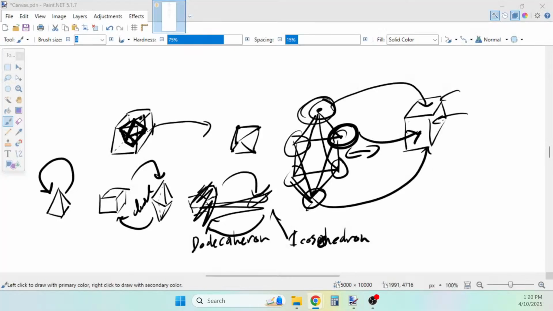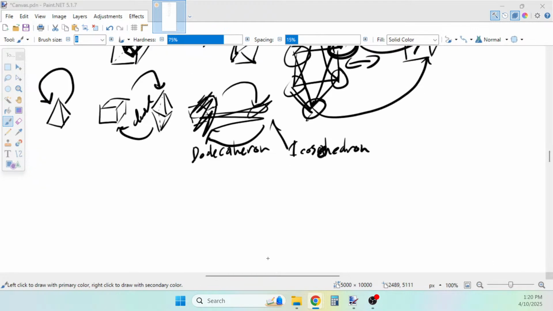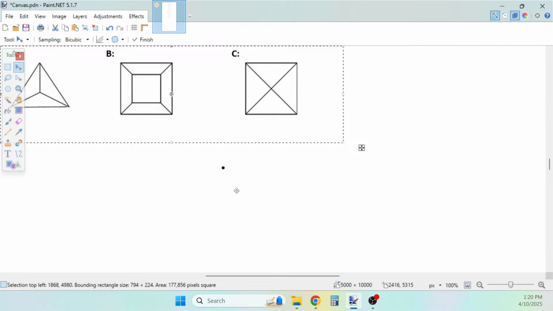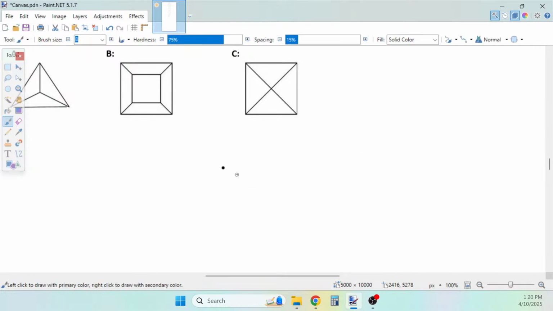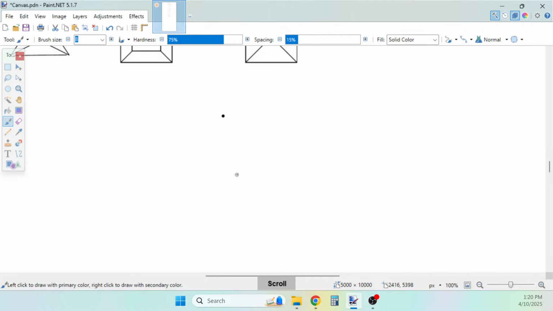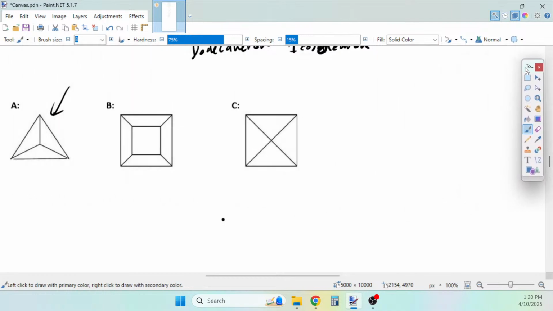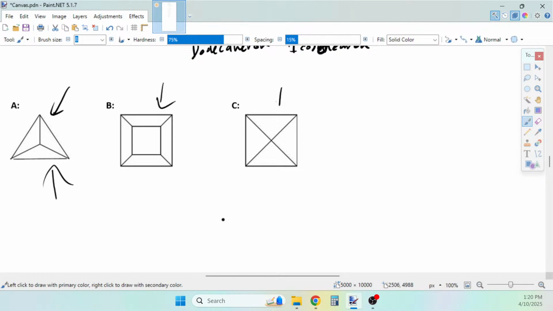Let's get that. So I have this shape, this shape, and this shape, and we want to figure out what we are looking at.